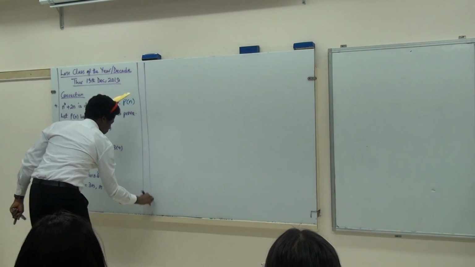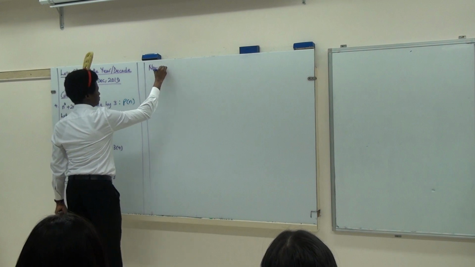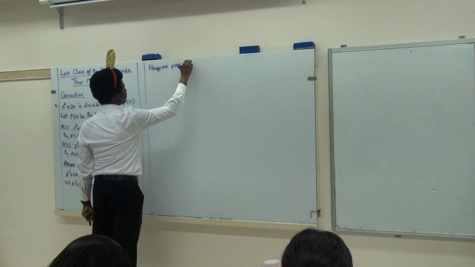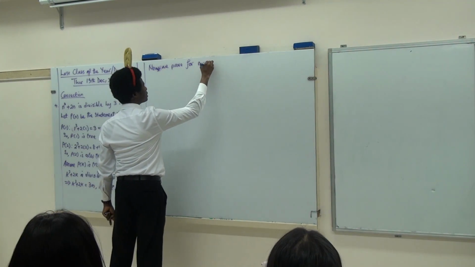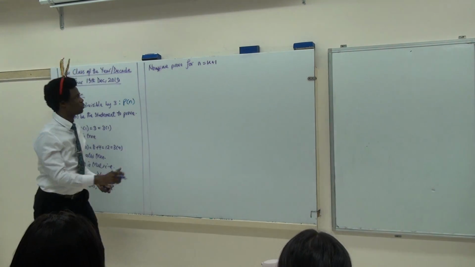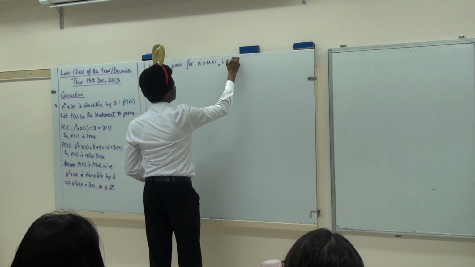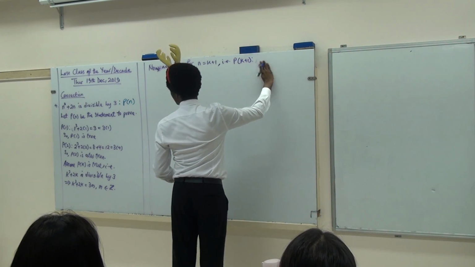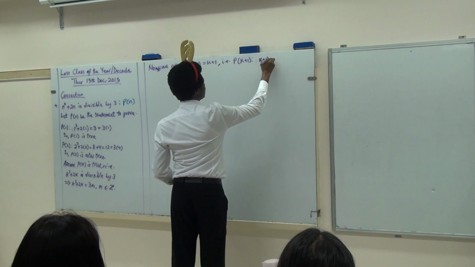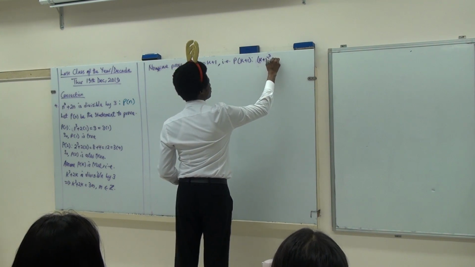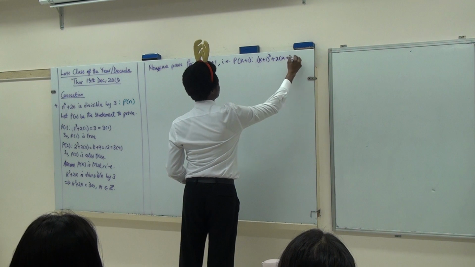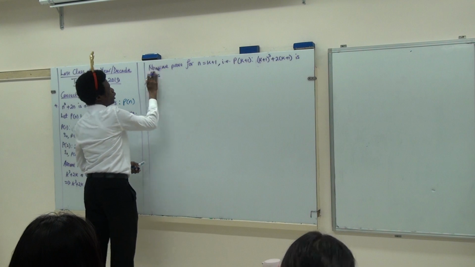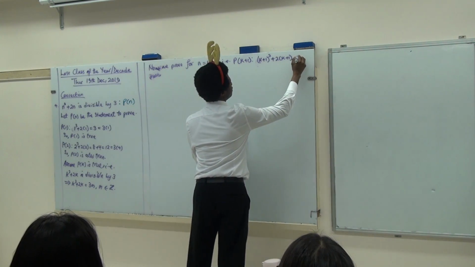So now we prove for n equals k plus 1, right? And what does that mean? We want to show that Pk plus 1, that is, k plus 1 cubed plus 2 times k plus 1 is divisible by 3.